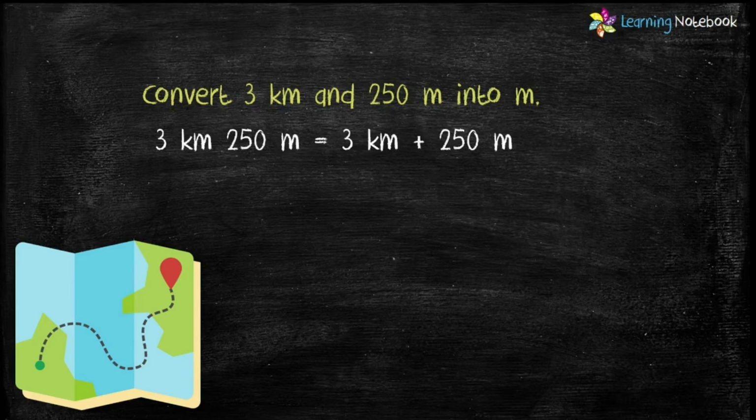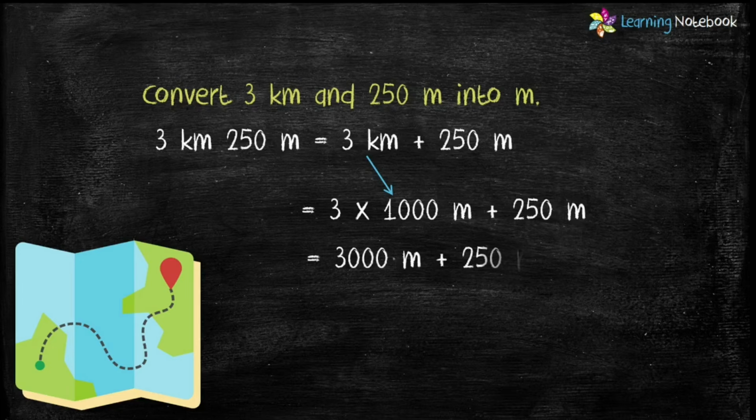So we will convert 3 kilometer into meter. To convert kilometer into meter, multiply by 1000, which means 3 into 1000, which is equals to 3000 meter. So students, 3000 meter plus 250 meter equals to 3250 meter.